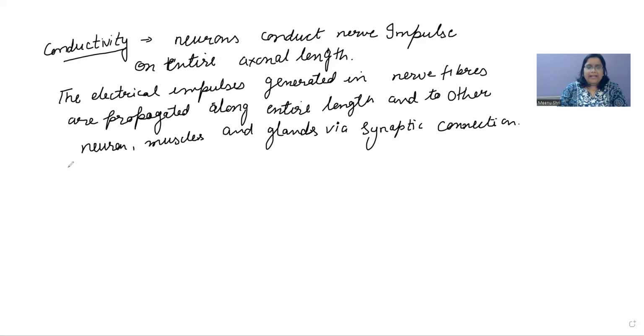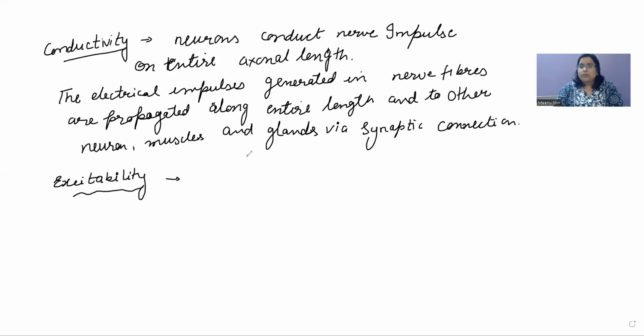The second characteristic is excitability. The word represents excitement. So what is excitement? Neurons or the nerve fibers are highly excitable structures.